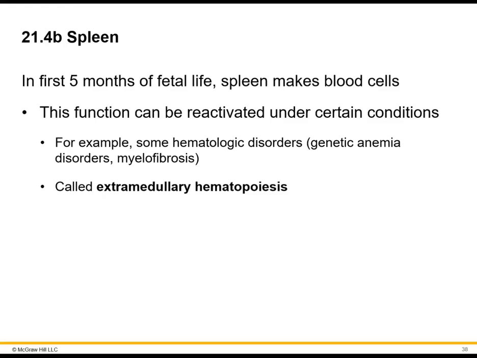For example, some hematologic disorders, such as genetic anemias like beta thalassemia or sickle cell disease, or myelofibrosis. This is where the red bone marrow gets gradually replaced with fibrotic tissue, scarring. Now, when the spleen does make blood cells, that's called extramedullary hematopoiesis.